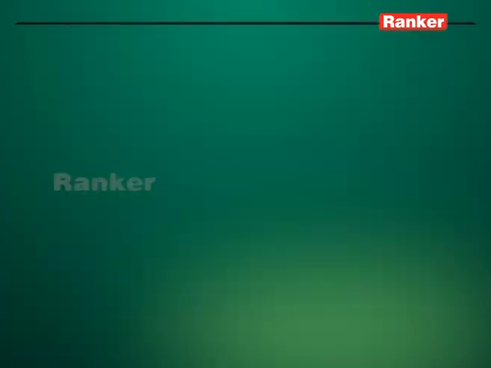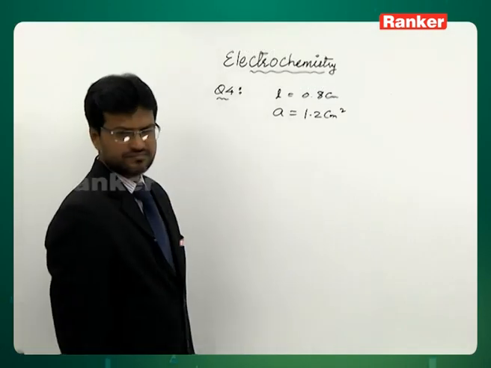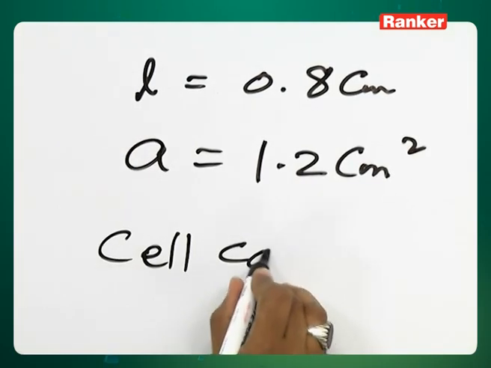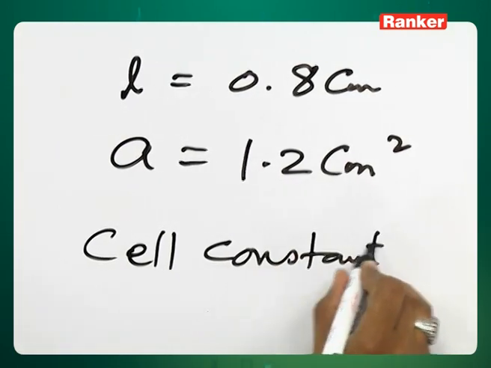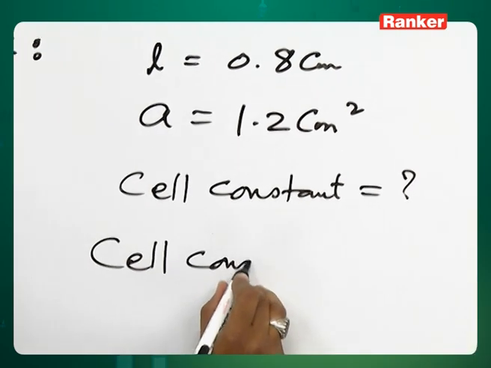Question number 4. The distance between the two platinum electrodes of a conductivity cell is 0.8 centimeter. Distance is L. L is given as 0.8 centimeter. And the area of cross section of each electrode, A, is equal to 1.2 square centimeter. The cell constant is. Cell constant is given by this expression.